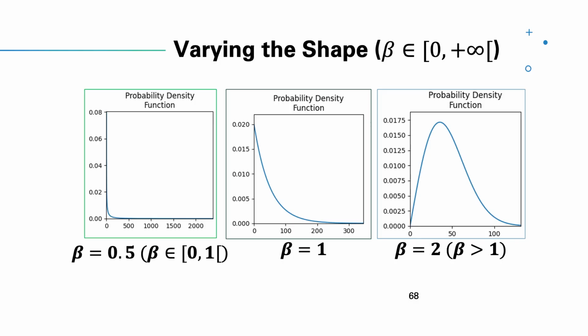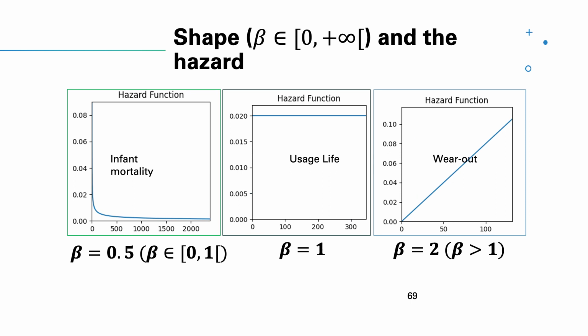The beta is perhaps the most important parameter because it's going to set how the hazard function will look. So you can have different values of beta, and we will see how this affects the hazard function. Of course it affects the probability density function, but it also affects the hazard function. If you set the beta between 0 and 1, you are in a burn-in period.